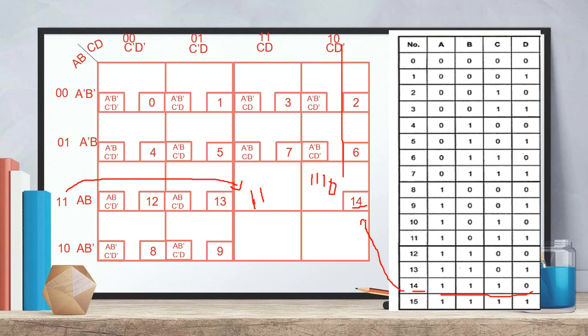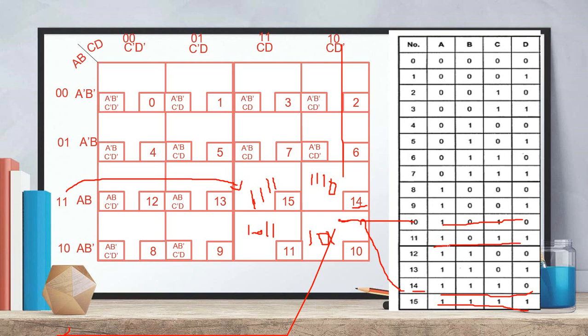Next, the last one is 15, because the row is 1, 1 and the column is also 1, 1, all 1s, which is 15. Similar way, this is 10 because it is 1, 0, 1, 0, which we call a 10. Similar way, this one is called 11 because 1, 0 from the row side and 1, 1 from the column side. So 1, 0, 1, 1 is called 11 here.